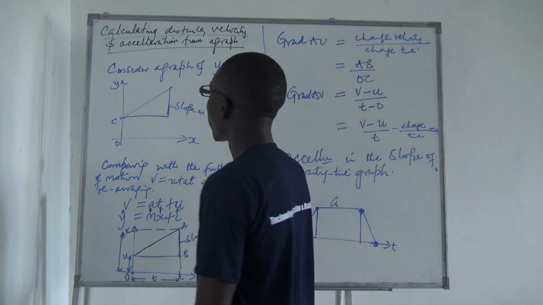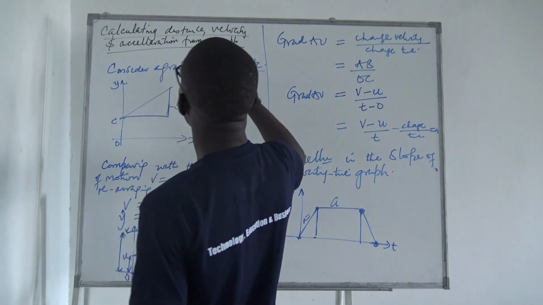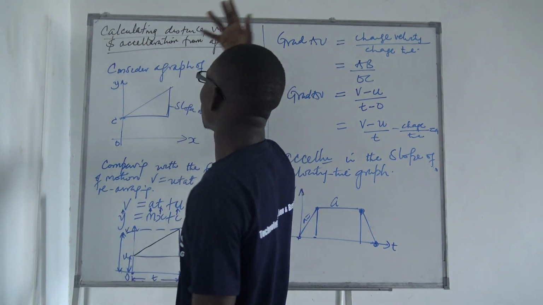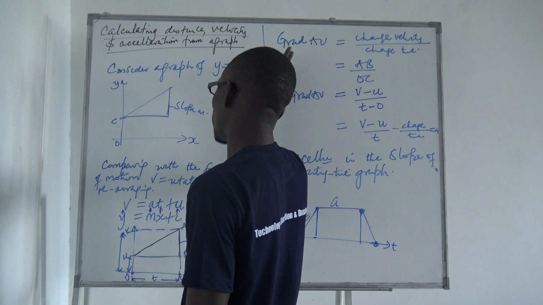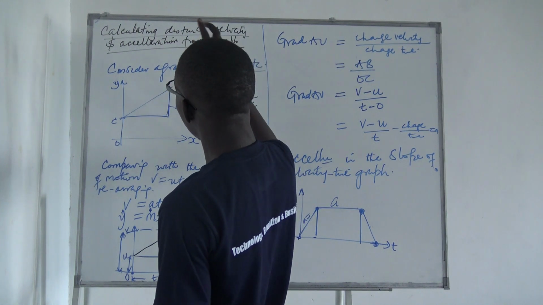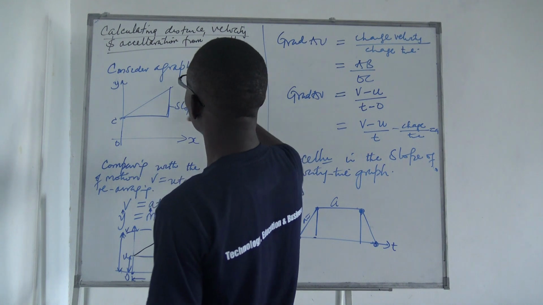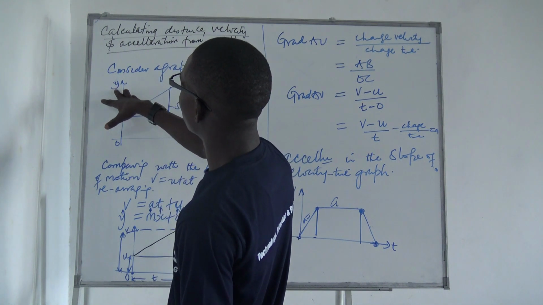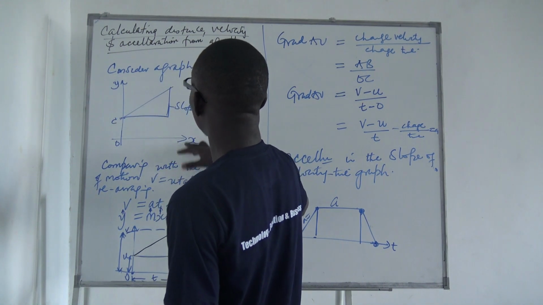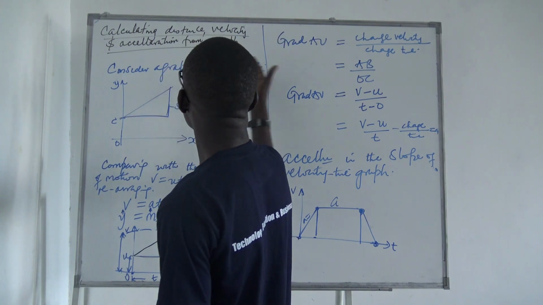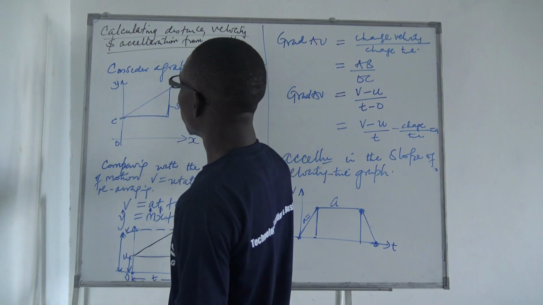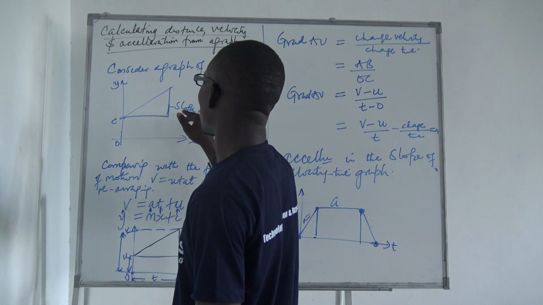Are we there? Remember we said that we are going to look at how we use graphs to calculate distance, velocity and acceleration. And we said that we can consider this graph here. The graph of y equals mx plus c always looks like this, where y is on the vertical, x is horizontal. This line is a straight line, and because we have intercept c, it is the y-intercept it cuts, and the slope will be m.